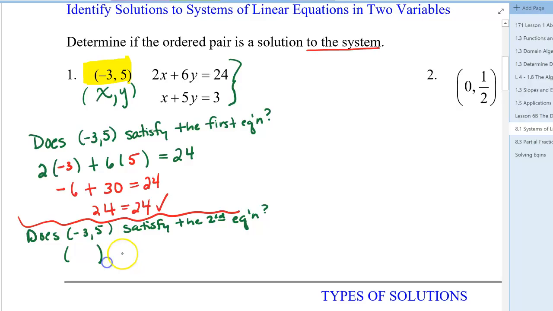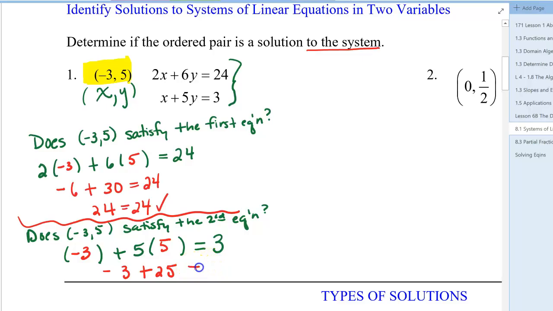So we have x plus 5 times y, and we want to see if that will give us 3. So plugging in that same ordered pair, -3 plus 5 times 5, which would give us -3 plus 25.